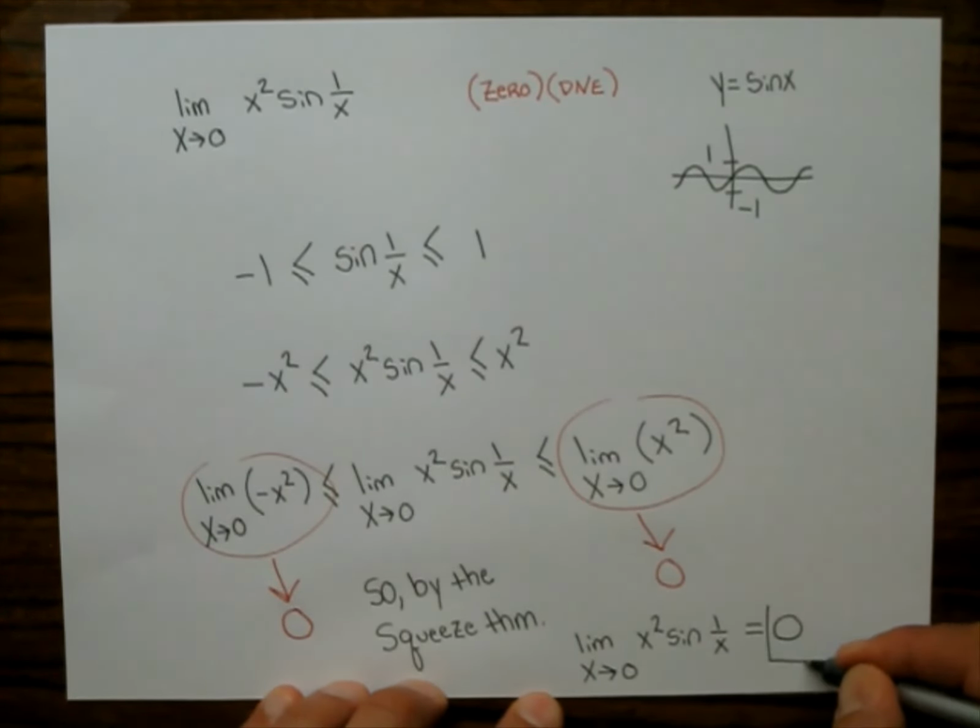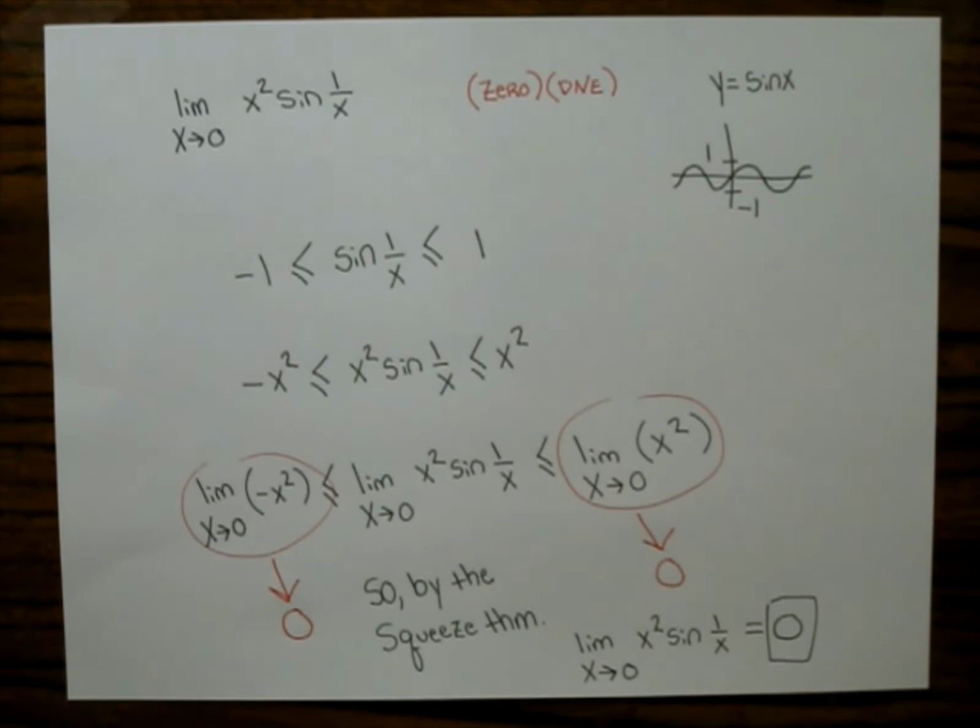And 0 is the answer. Now the squeeze theorem cannot always be applied to every situation, but there are some functions where you can't seem to get the limit, and if you do the squeeze theorem, you can. So here are some pictures that may satisfy you.